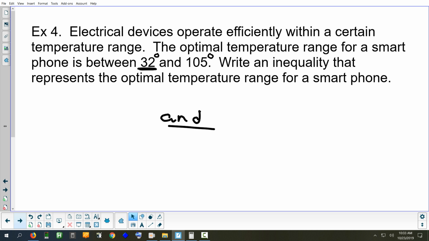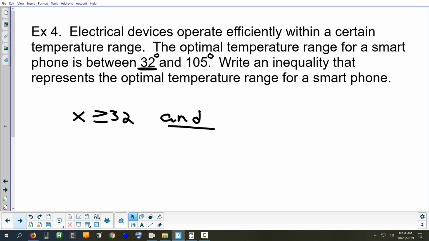You want it more than 32, because if it was less, then it'd be that. We want the temperature more than or equal. They're not really specific here. Can it be 32, or does it have to be warmer than 32? Because things freeze at 32. So should it be like 32.1? I don't know. But we'll just say it could be greater than or equal to 32.